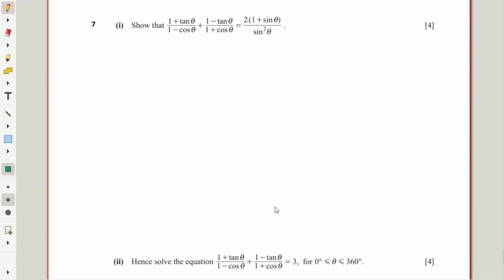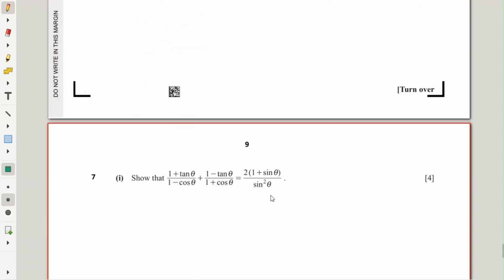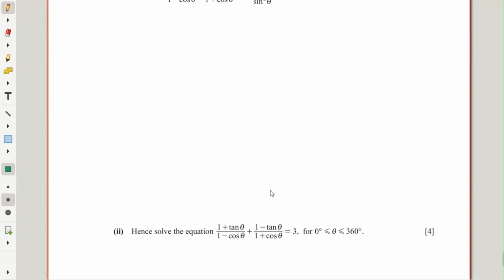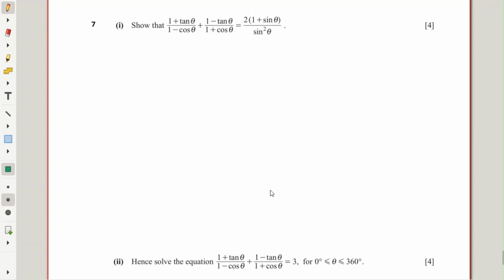Now the final question. You have to show that this is equal to this. All right. So this is what I'll do. I'll put this expression in a bracket like this.